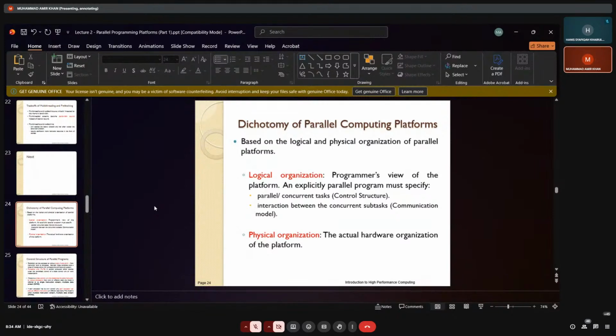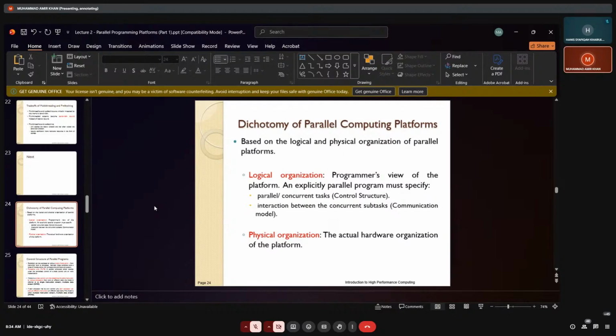Dichotomy of parallel computing platforms. It is based on the logical and physical organization of parallel platforms. Logical organization is the programmer's view of the platform. An explicitly parallel program must specify two things: concurrent tasks and the interaction between the concurrent tasks or subtasks.